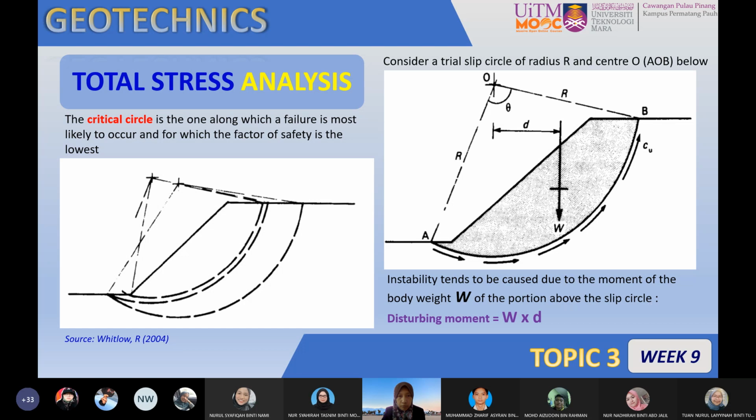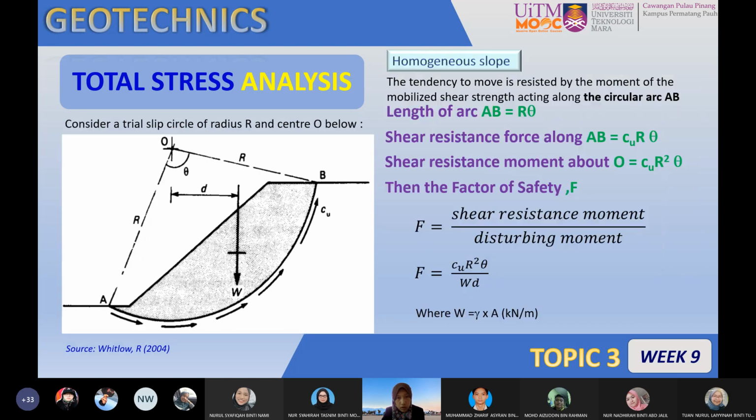So the derivation of this formula shows that the disturbing moment is Wd, and the tendency to move is resisted by the moment of the mobilized shear strength acting along the circular arc AB. The length of the arc from A to B is equal to r theta. So the shear resistance force along AB is Cu r theta. Therefore, the shear resistance moment is equal to Cu r squared theta.